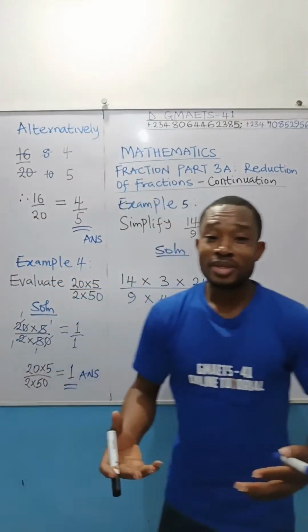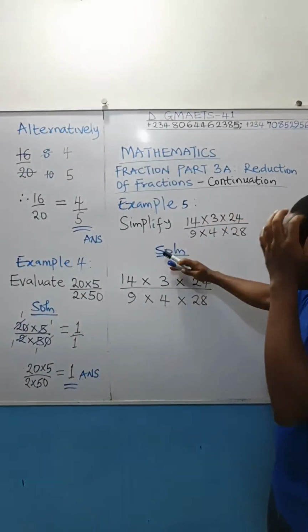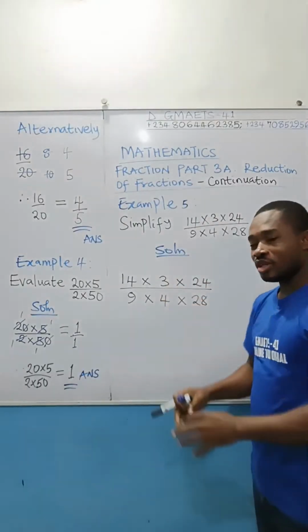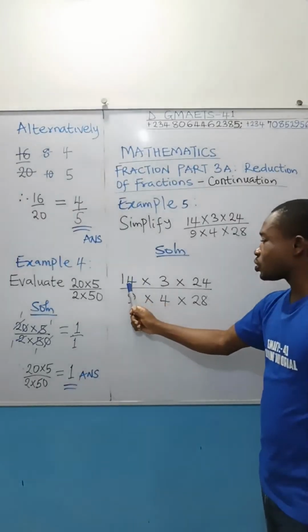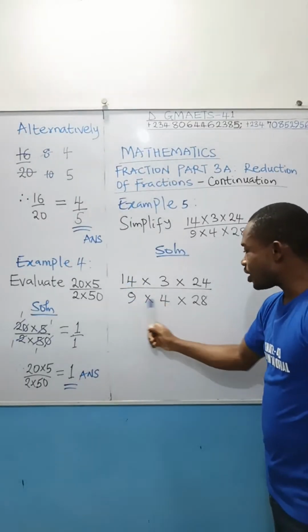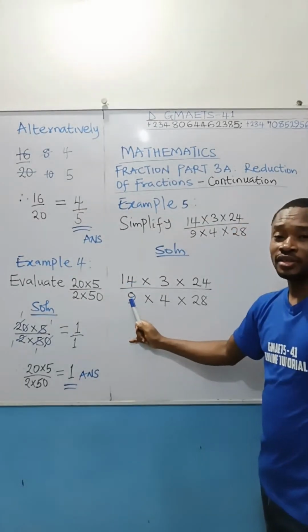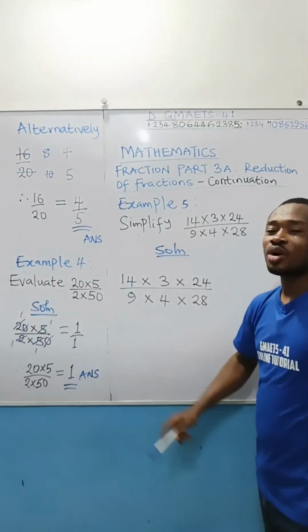All you have to do is simple. Just follow the same procedure here. Look at the numerator, look at the denominator, and ask yourself which numerator and denominator has a common term that can divide. Now, I can start with this 14 and compare it with the numbers in the denominator. This is 14, this is over 9. Can 14 and 9 have any common term?